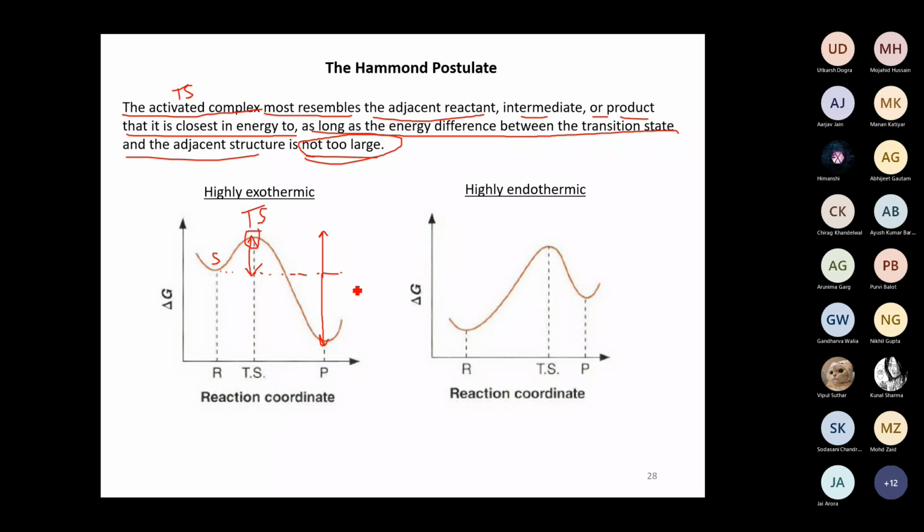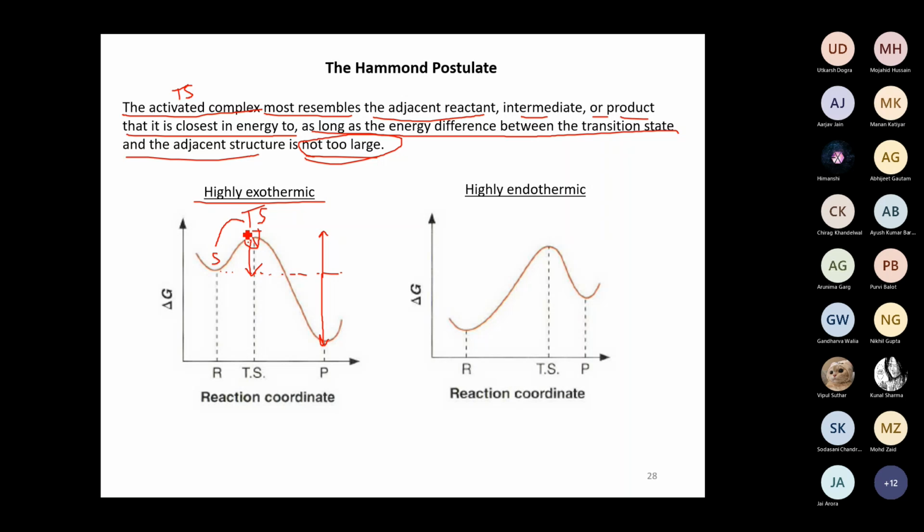So this is a case of a highly exothermic reaction. Does it make sense? In a highly exothermic reaction, the transition state is always closer in energy to the starting material compared to the product. So the transition state structure resembles the starting material.